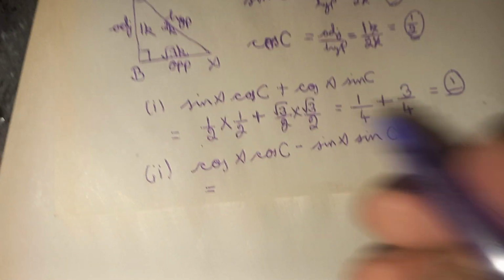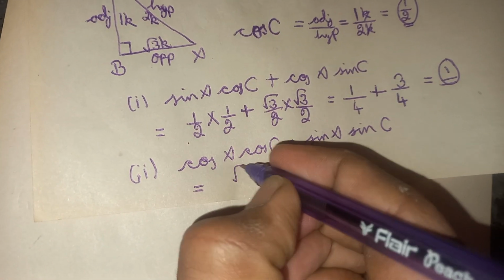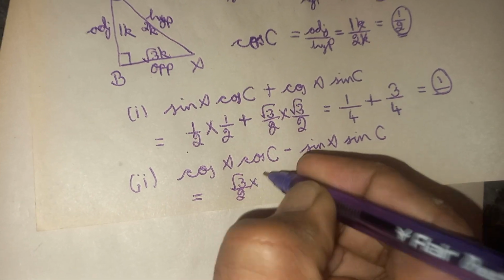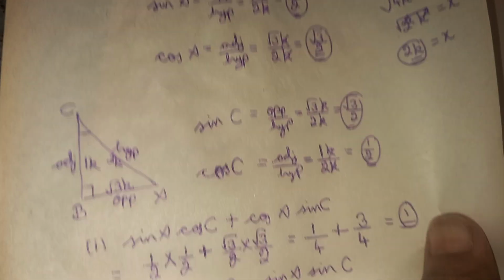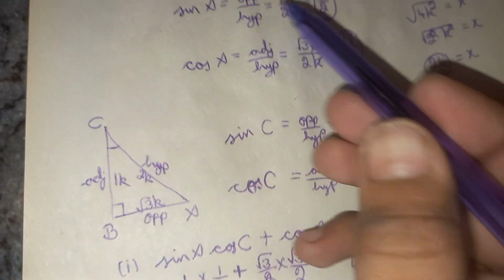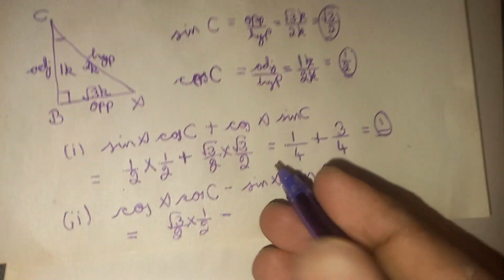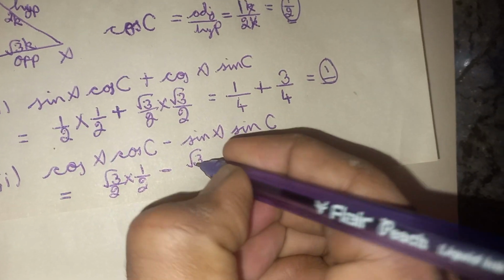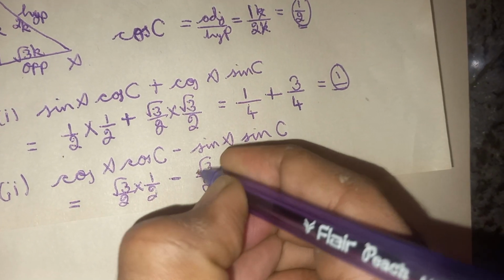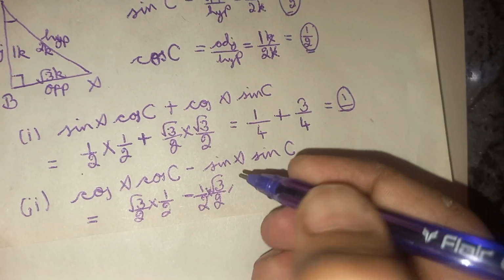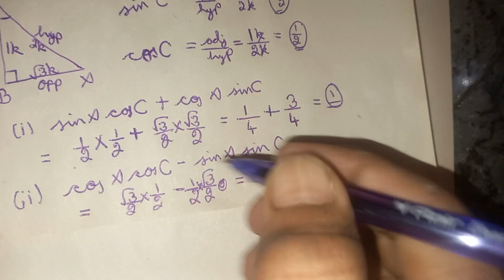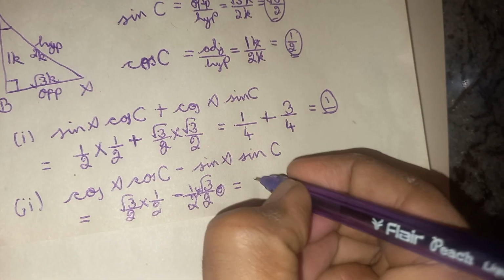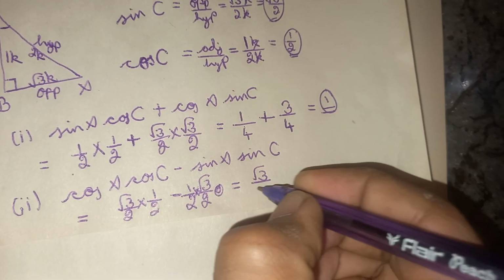Multiplying, root 3 times 1 is root 3, and 2 times 2 is 4.